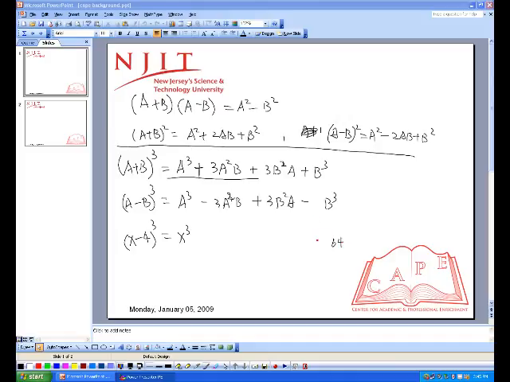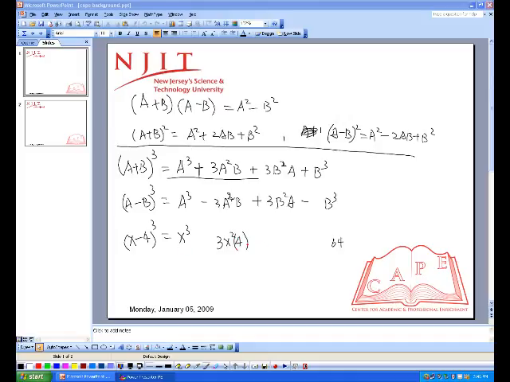And if you follow the form, the second term is 3 times the first term squared, so it's x squared times the second term, which is 4.